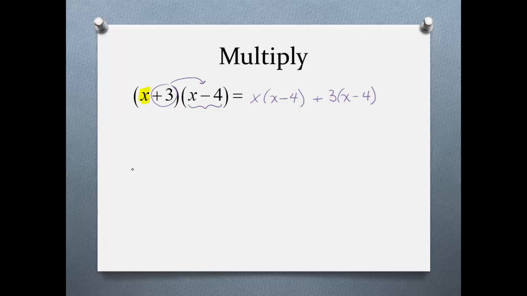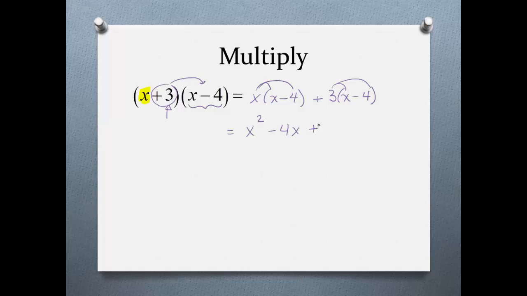So you take the first factor, or the first term, excuse me, multiplied by the entire second factor, and then you take the second term and multiply it by the entire second factor. And so what you end up with now, if I do distribution again, x times x is going to be x squared. X times minus 4 is minus 4x.